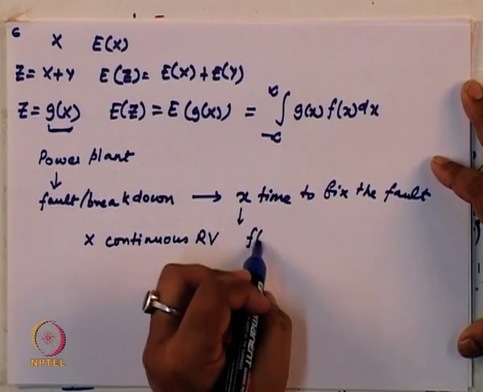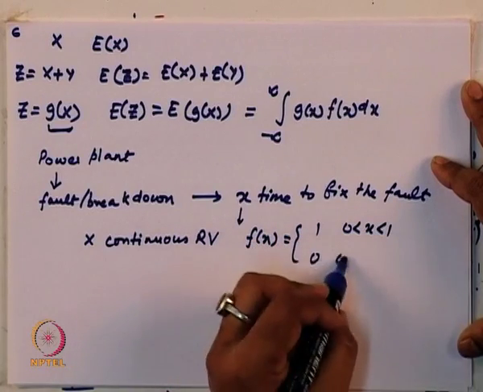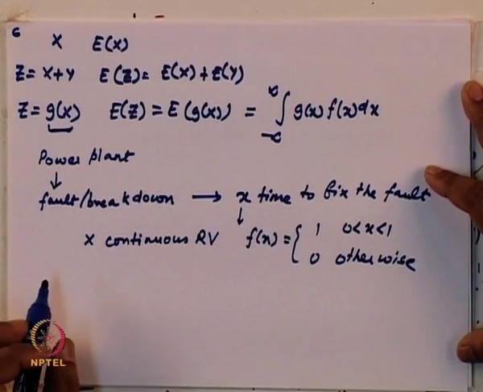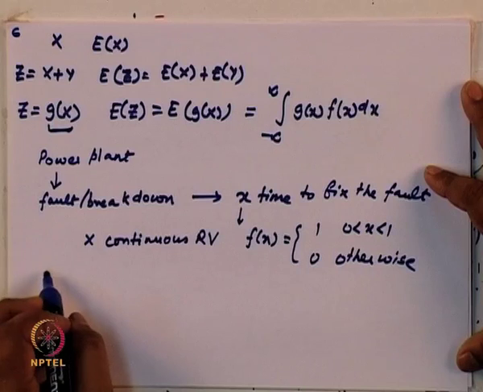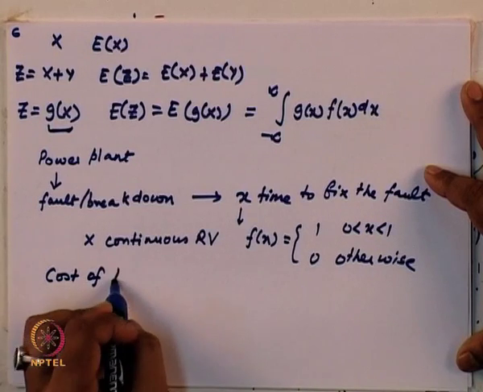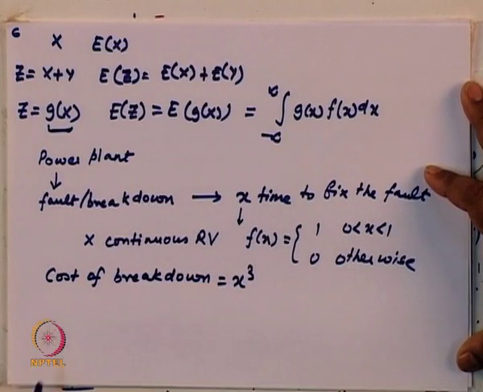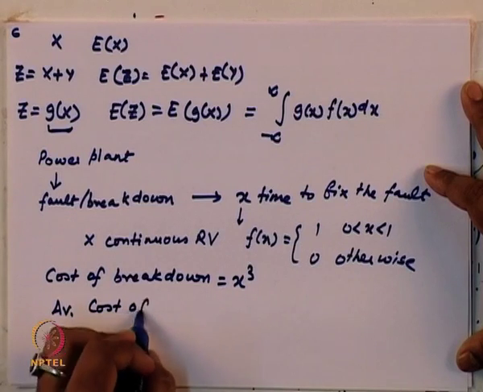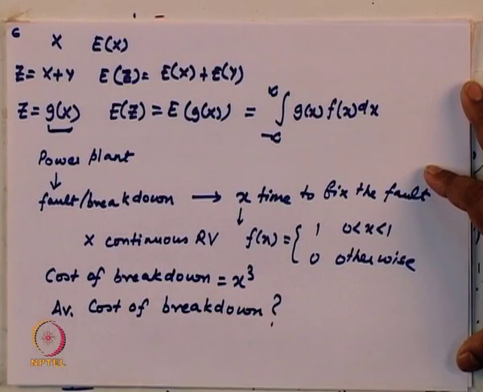It follows the following probability distribution. Now, there is a cost associated with this breakdown. The cost of breakdown is X cubed. So, the question is, what is the average cost of breakdown?